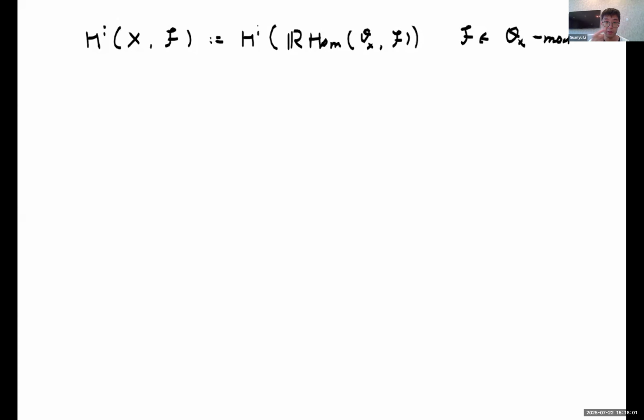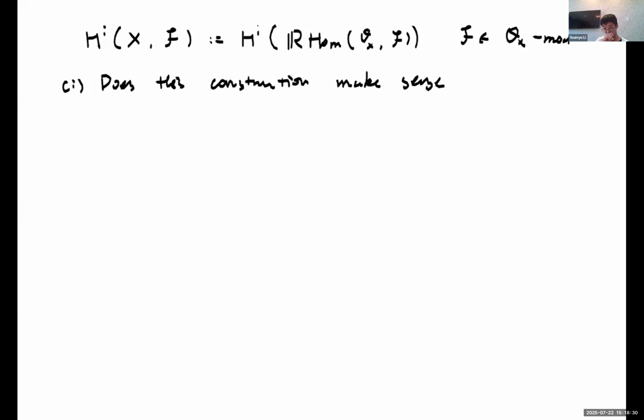Now, another question, question 1: does this construction make sense? What do I mean by this?